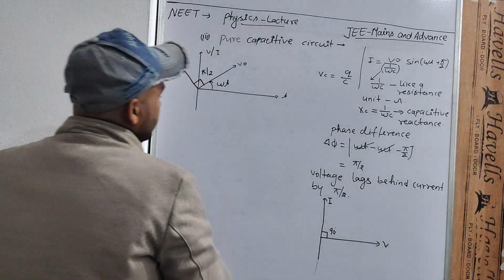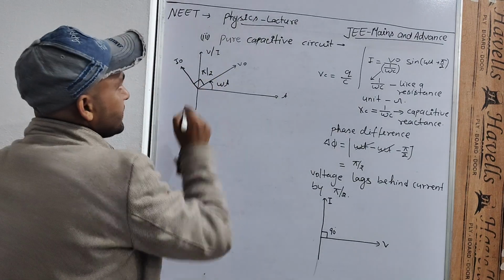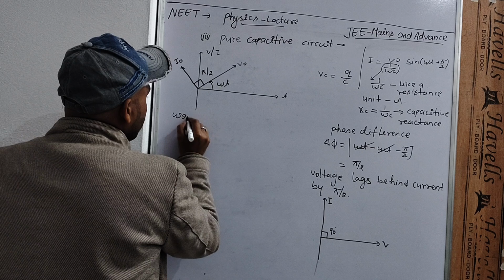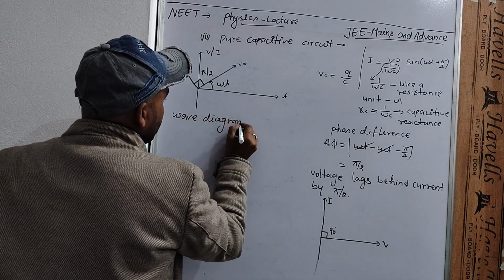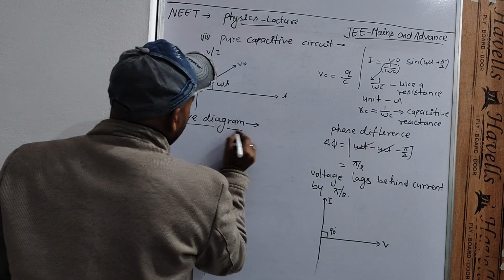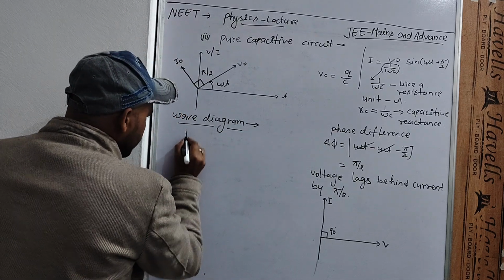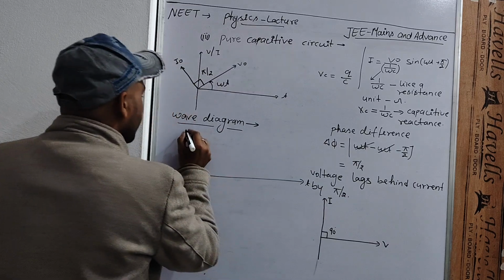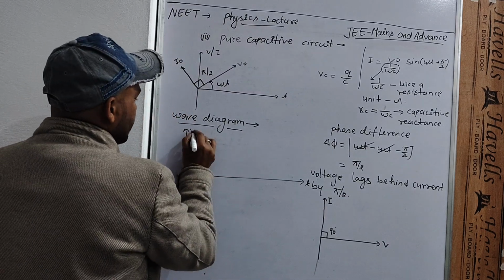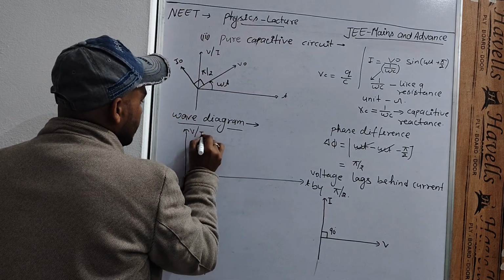Now we can study better by using wave diagram also. This axis shows instantaneous value of voltage or current.